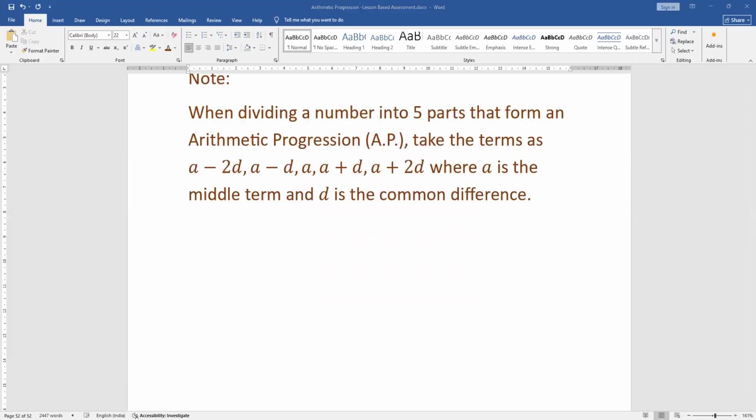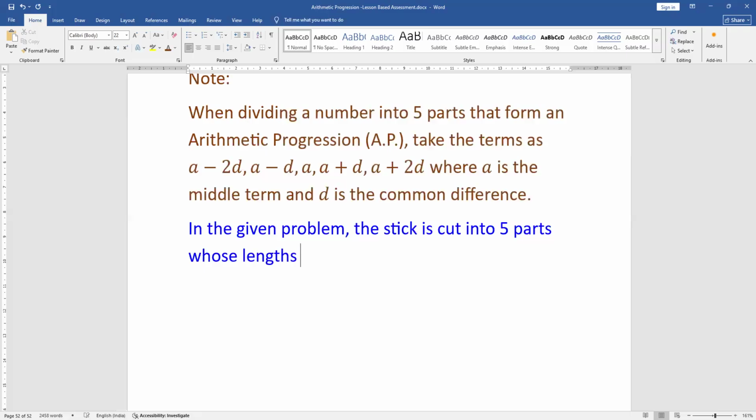Now in my next step, we write the sentences. In the given problem, the stick is cut into 5 parts whose lengths are in AP, the arithmetic progression, and their sum must be equal to 25.